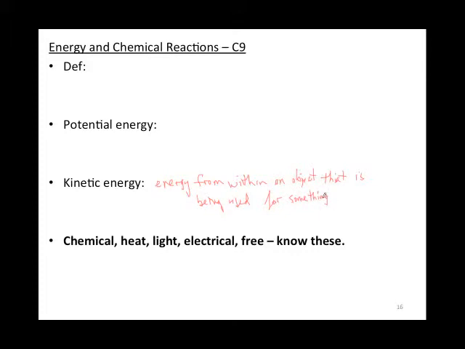For example, if you go skiing, you're at the top of a hill. You're going to use gravity to go down the hill. While you're sitting at the top of the hill, your body is full of potential energy. Once you start going down the hill, you're using that potential energy. It's becoming kinetic energy as you're going down the hill.